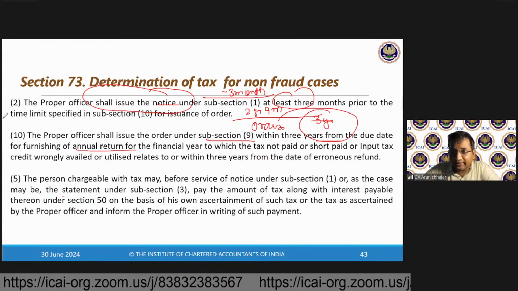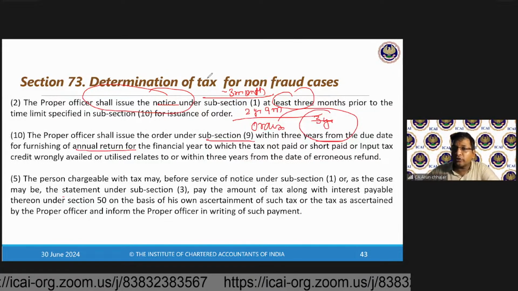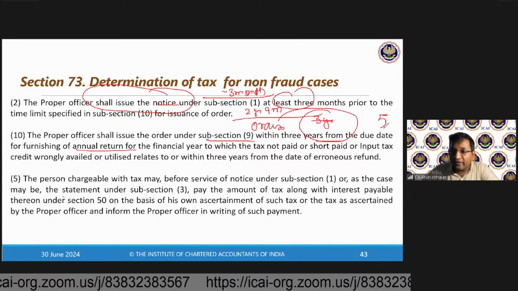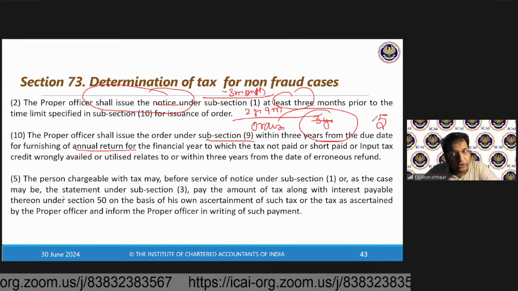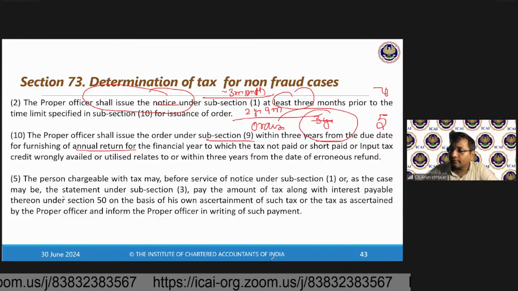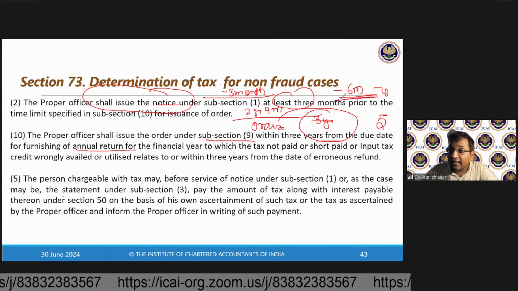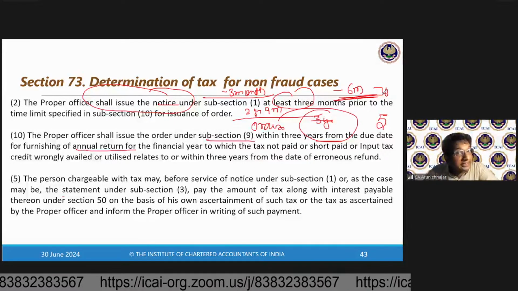It is a fraud case, right? So you will find that the last date to issue the order is 5 years and the last date to issue the notice is minus 6 months.